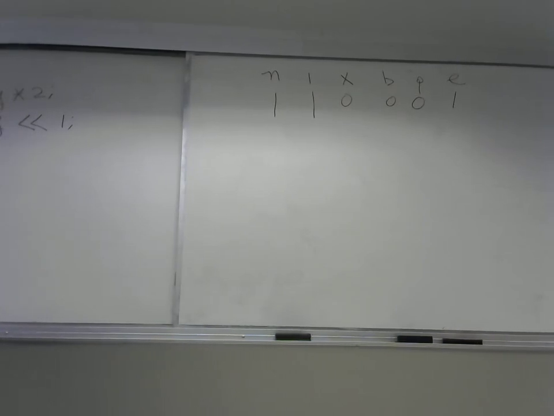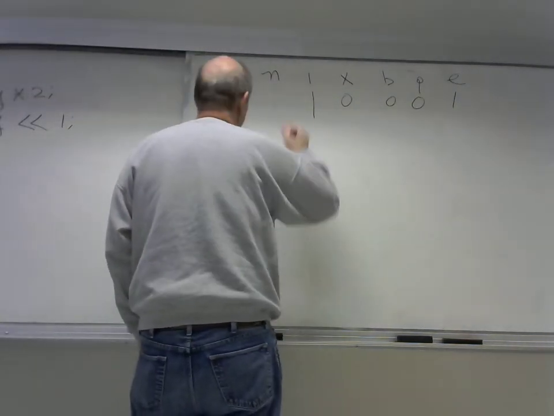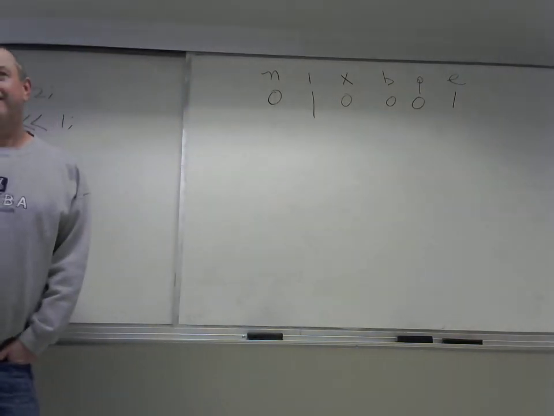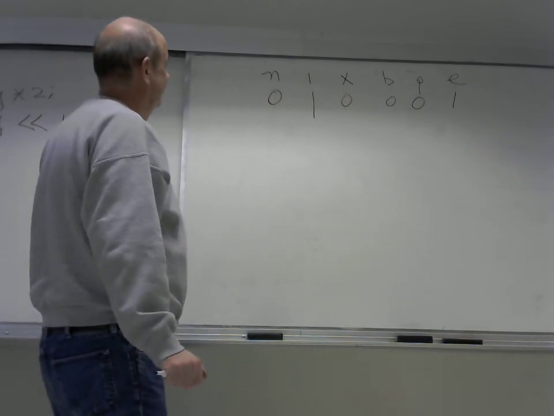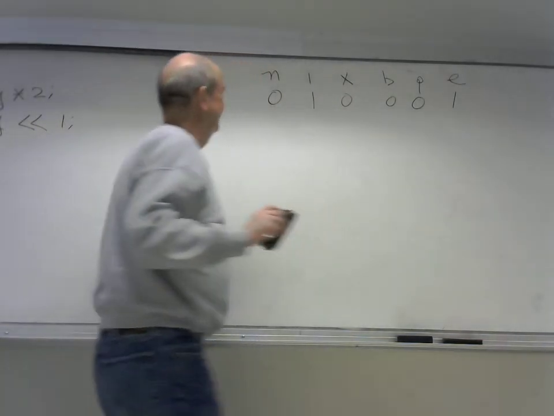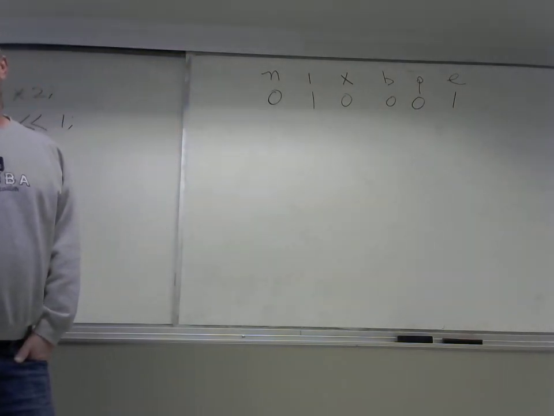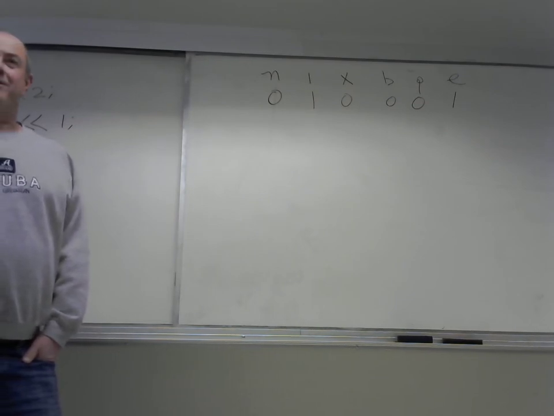Valid? Valid. Are you sure? Okay. Then what is this? J, pound sign. If I ask you to write an instruction that would use this set of bit flags, what would you come up with?